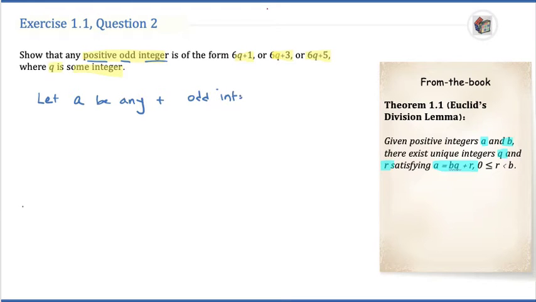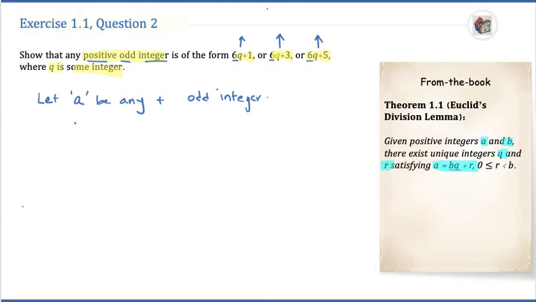Now what I'm doing with this a is I will use the division lemma on a and 6. Why did I choose 6? You will get the hint from the question. You just have to see this number that you have with q. All of these mean this is 1 more than a multiple of 6, this is 3 more than a multiple of 6, this is 5 more than a multiple of 6. So that is where I'm getting the 6 from.